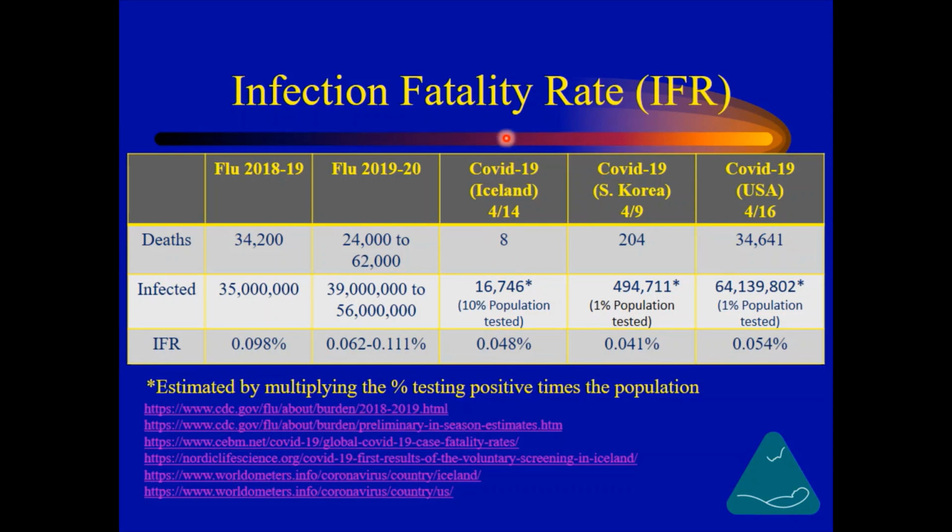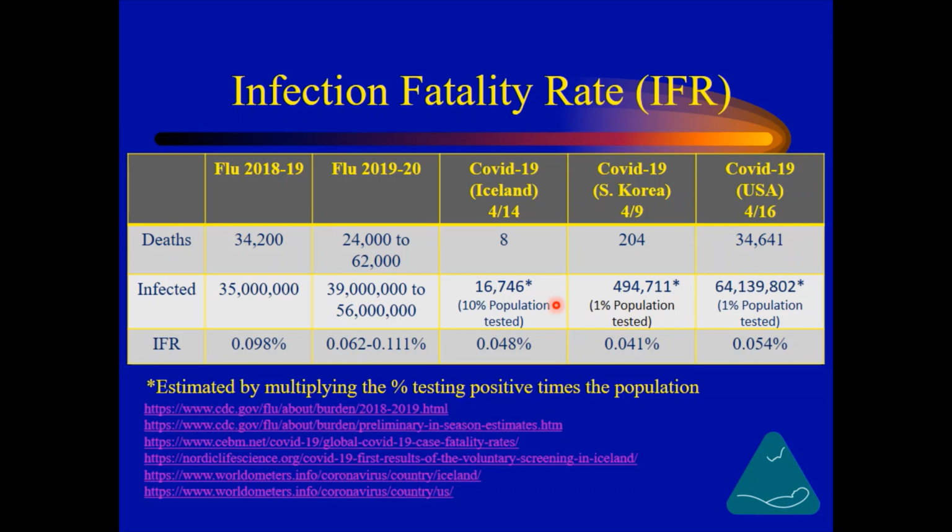Now let's look at this column. This is an important one. This is looking at data for COVID-19 this year, specifically in Iceland as of April the 14th. Now, why is Iceland important? Well, they're important because they, as of this date, had tested the largest proportion of their population. They had tested 10% of their total population.